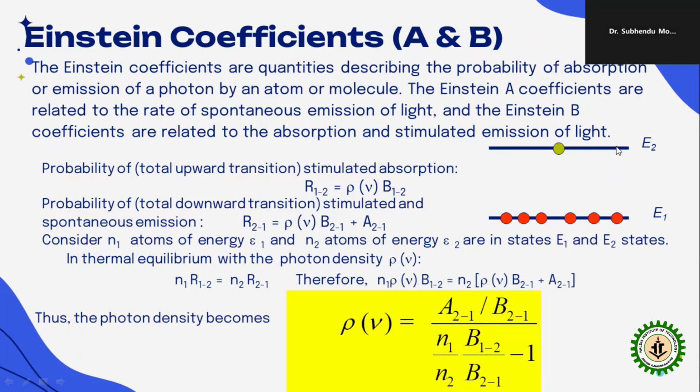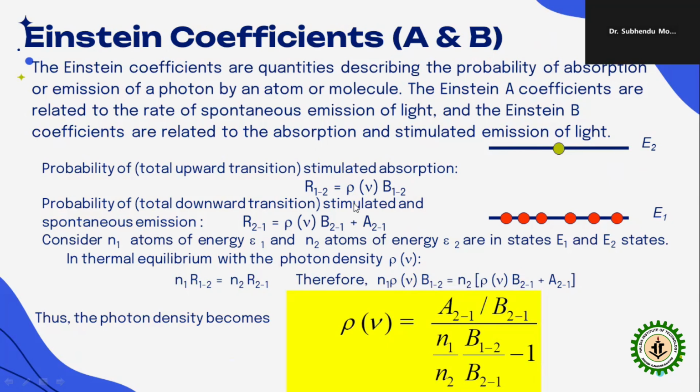The probability of upward transition or stimulated absorption, that is R12, is equal to rho nu into B12, where B is the stimulated transition coefficient from state 1 to 2. And here the probability of total downward transition.